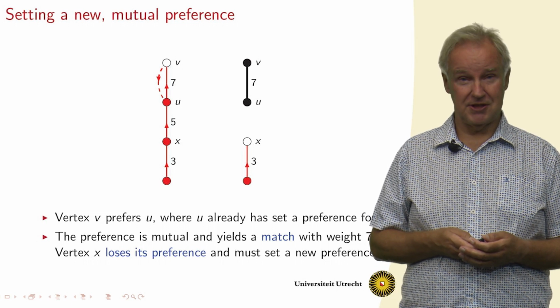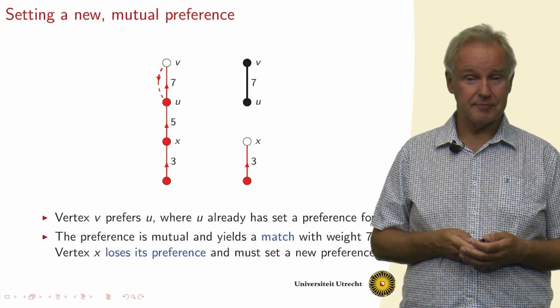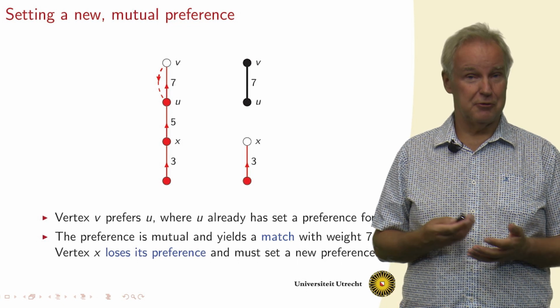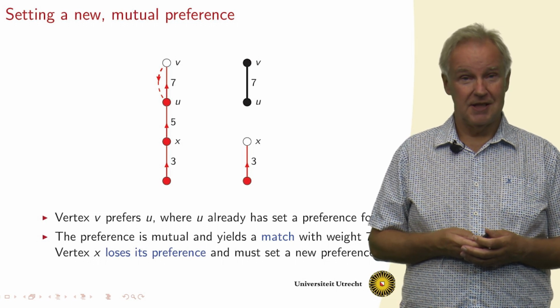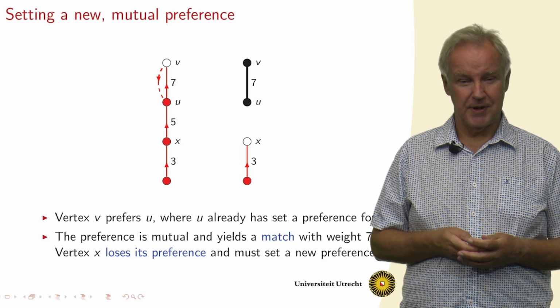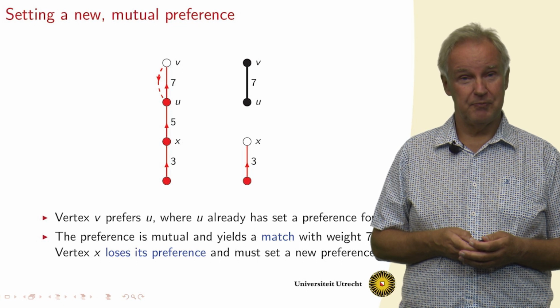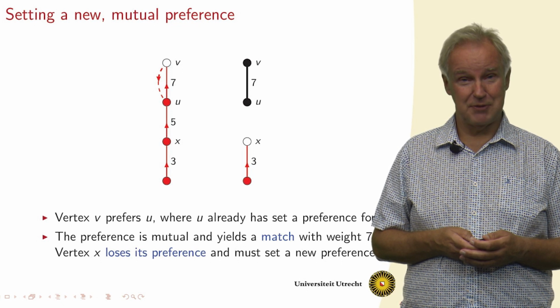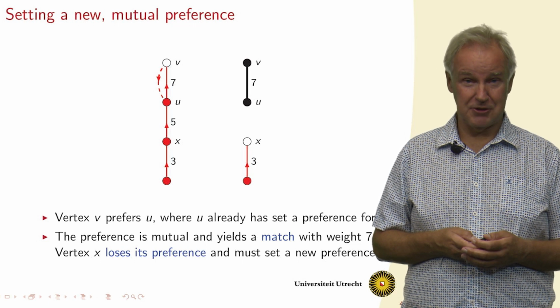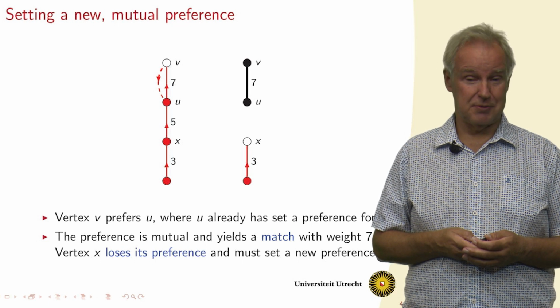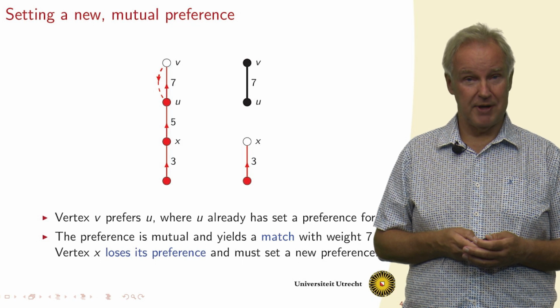We have a match shown in black. So u and v are registered as matched. On the other hand, the suitor x of u doesn't have its preference anymore because it got matched. And so it has to set a new preference.